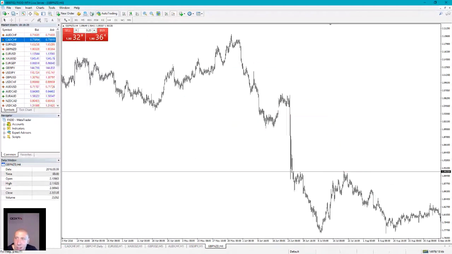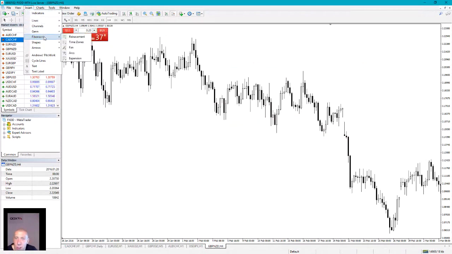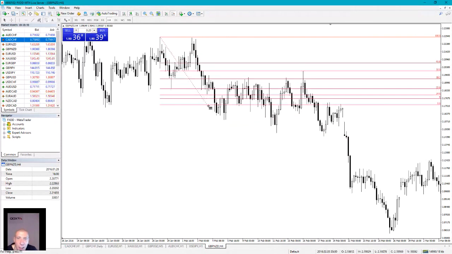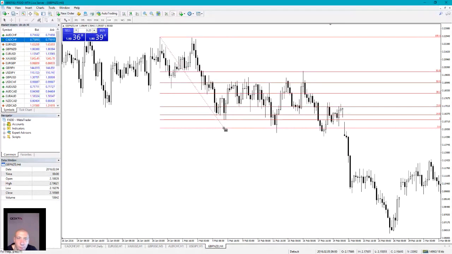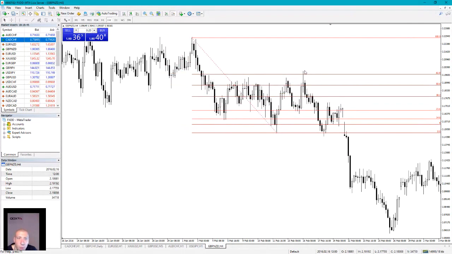Just for an example, guys, I will use again a similar example, so we don't need to search for anything. Price went to 61.8, then it hit 14.6.